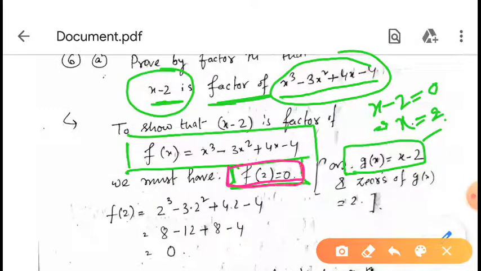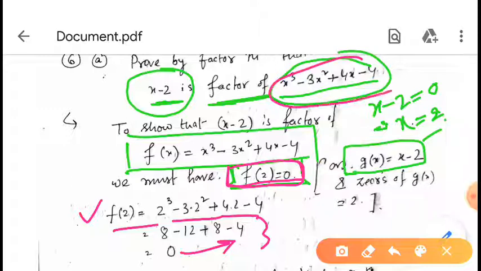So now we just have to prove that f(2) equal to 0, then we are done. Here f(2), putting x equal to 2, is 2 cube minus 3 into 2 square plus 4 into 2 minus 4. By a simple calculation you will easily conclude that f(2) equal to 0. So if f(2) equal to 0, then by the factor theorem x minus 2 is a factor of this function. Okay, so we are done here.